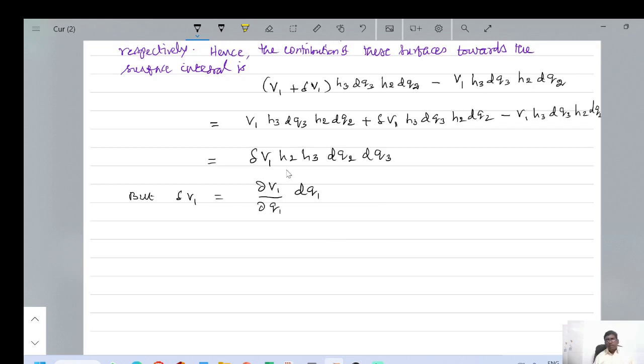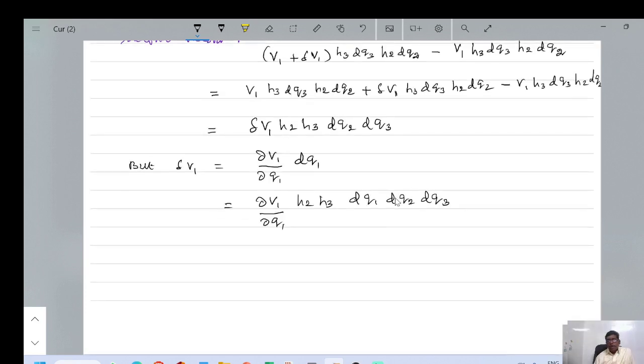Substitute this value in the above. We can write dou v1 divided by dou q1 h2 h3 into dq1 dq2 dq3.